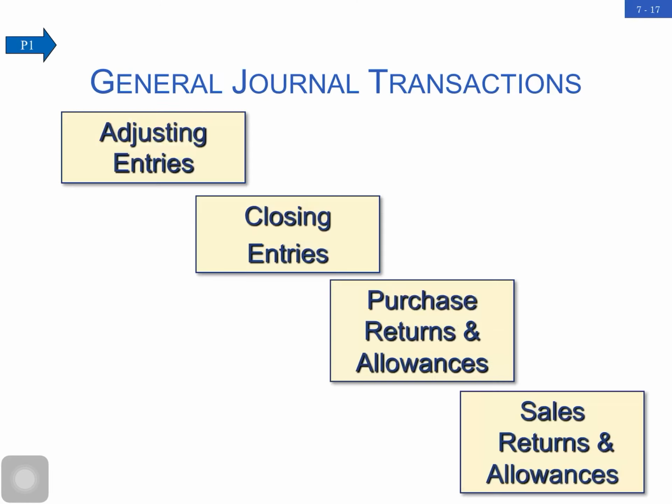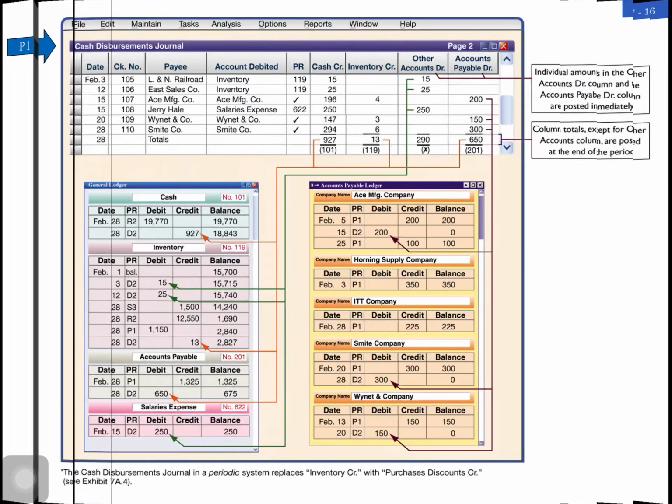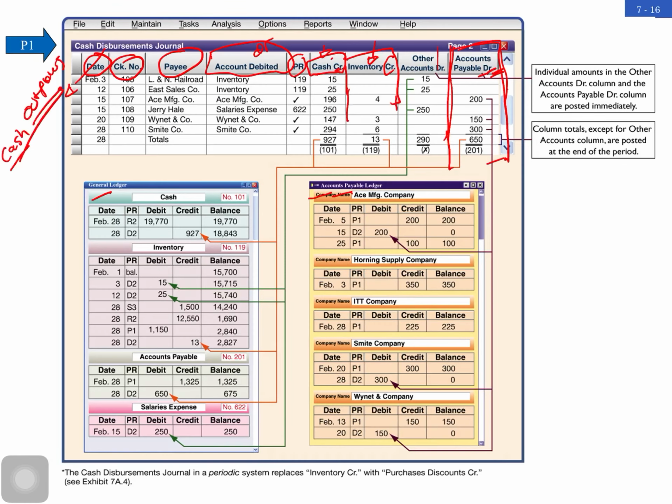So I would like to review a little bit. Special journals, we have 4 special journals. We have the sales journal, purchase journal, cash receipt journal, and cash disbursement journal. The sales journal is for sales on credit.